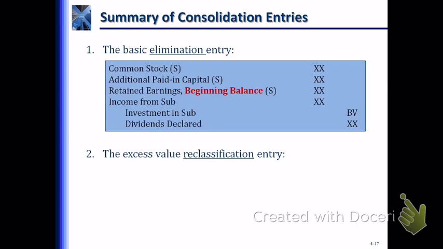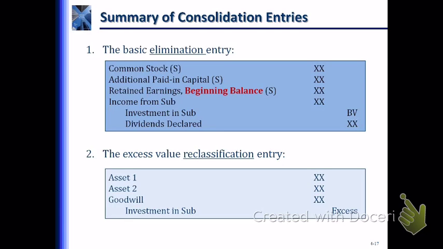The next one, we'll call this the reclassification entry. This is actually just dealing with the differential. So the other credit to the investment account for the amount we paid above book value. So part of it went to goodwill and the rest of it affected assets.